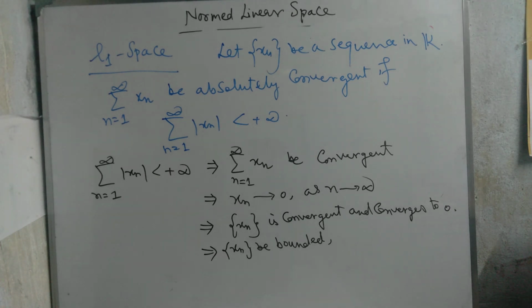Now also show about that. That means L1 is the set of all sequences in K with summation of mod xn less than plus infinity.